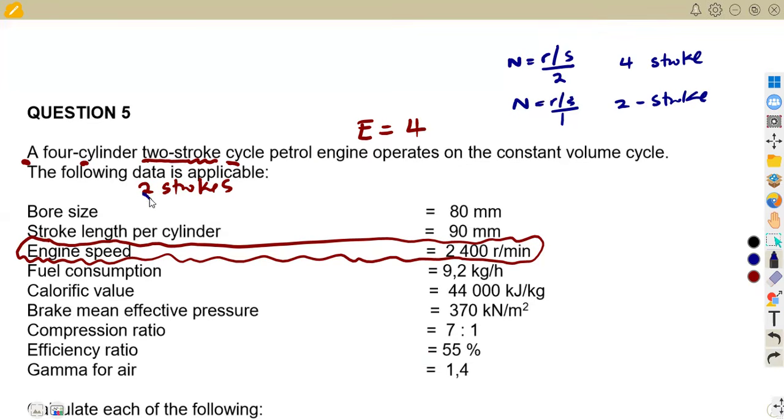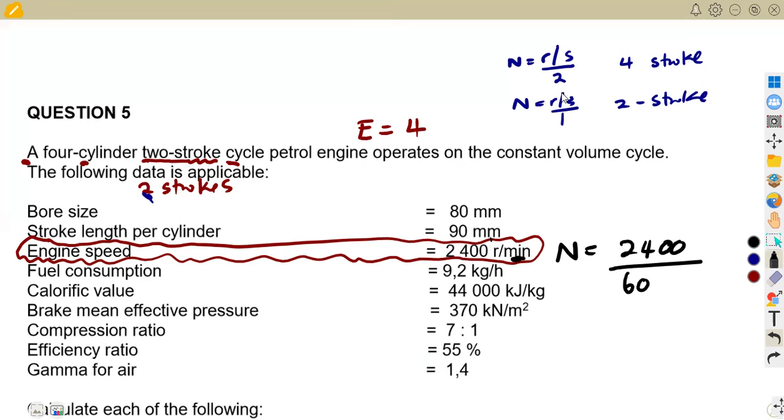So this affects the speed, N. Our N is going to be taken as the speed in revs per second. We divide by 60 because this is revs per minute. So it's going to be 2,400, which is now in revs, divided by 60, and that will be revs per second.